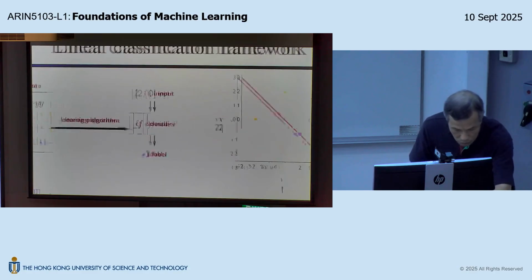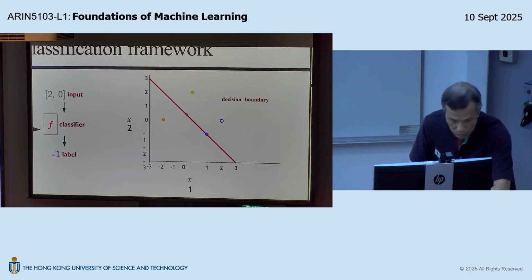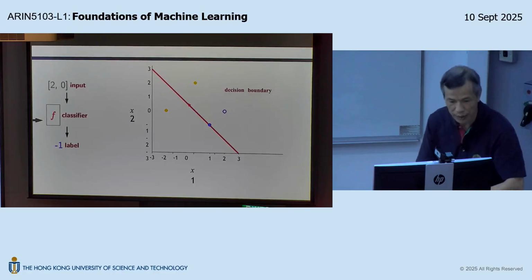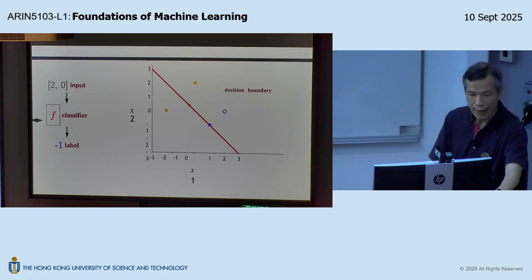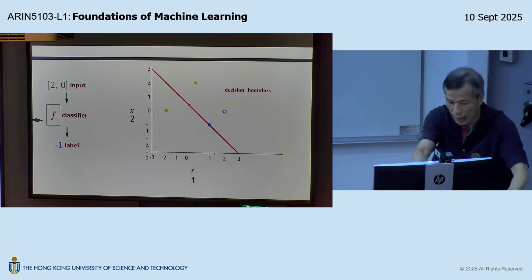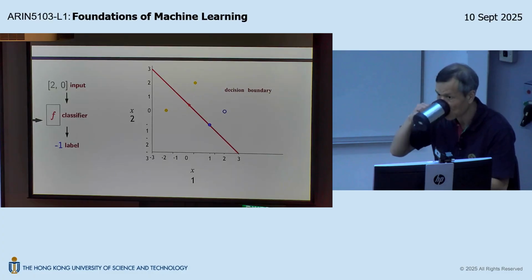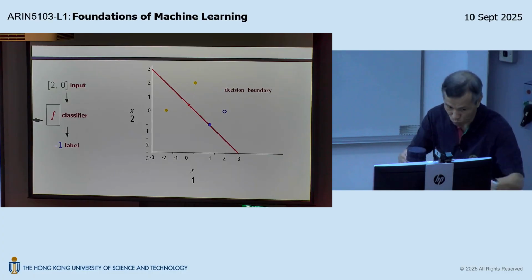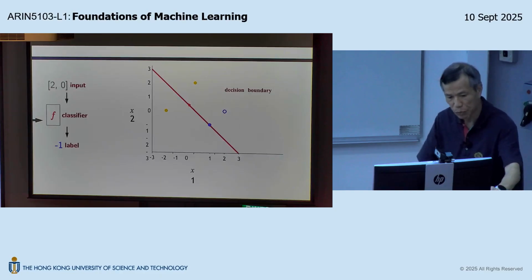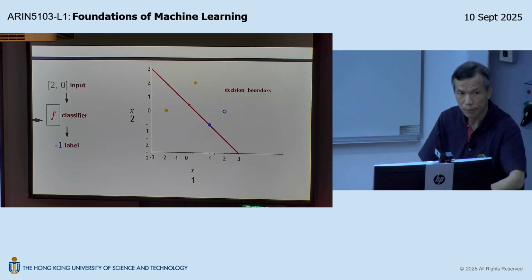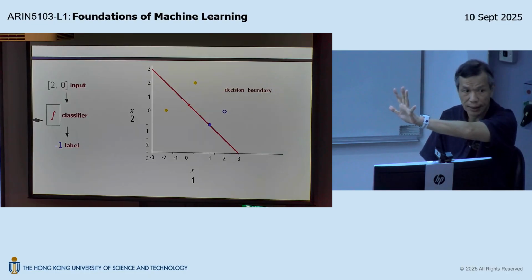Then we want to build a classifier, which means that we want to separate this input space into 2 parts: one for the positive class, the other for the negative class.